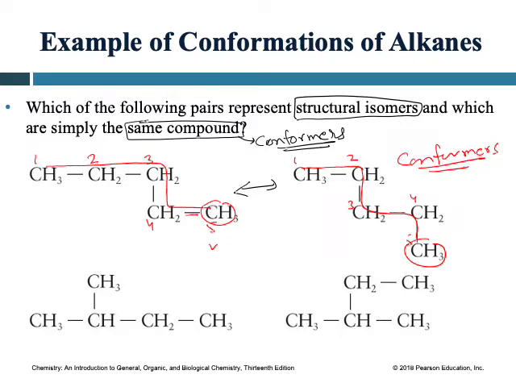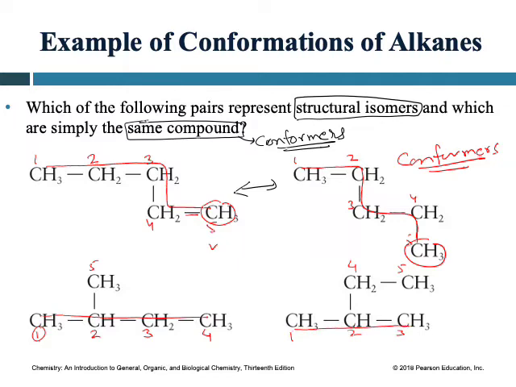Now let's talk about the bottom two structures. So let's start 1 2 3 4 5. If I go from 1, all the way 2, 3 continuously, I can't reach 5, but I can reach 1 to 4 continuously, right? Now let's start from here, 1 2 3 4 5.